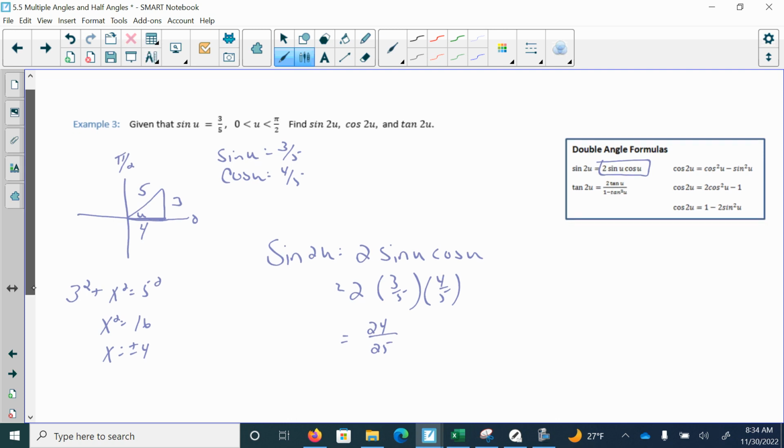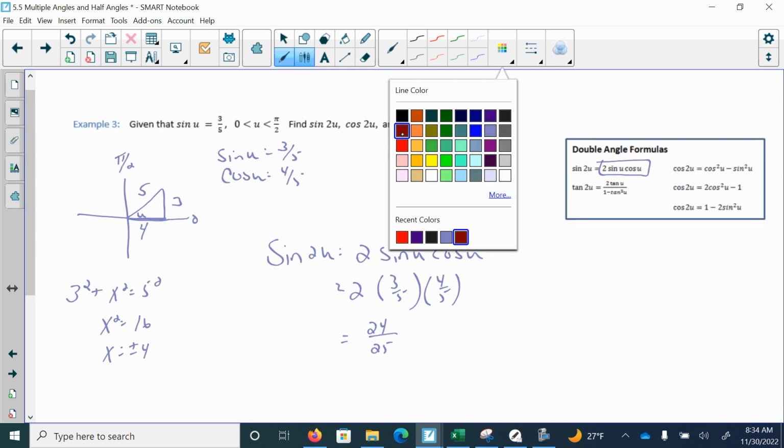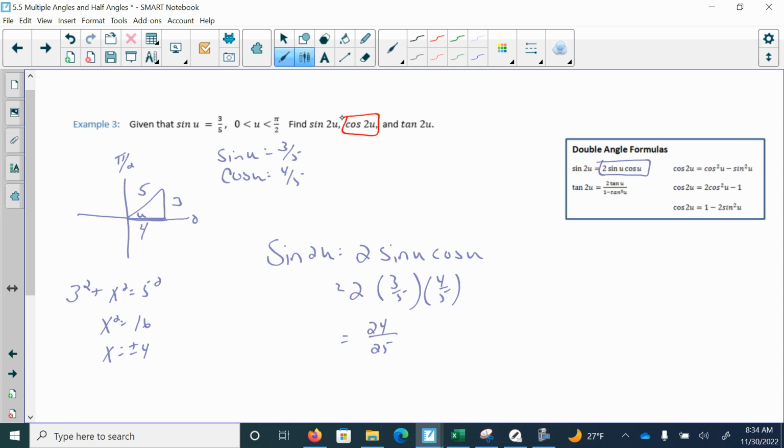Now for the cosine of 2u, I can choose whichever formula I want. Let's just go ahead and use the first one. The cosine of 2u is equal to cosine squared, 4/5 squared, minus sine squared, which is 3/5 squared. So I'm going to have 16/25 minus 9/25, and my final answer is going to be 7/25.